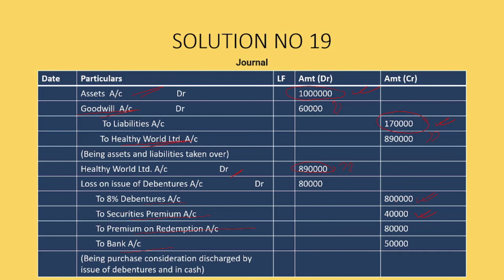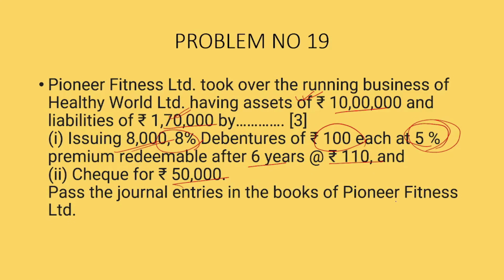Premium on redemption account will be 80,000, because here we have 8,000 debentures, and over here a 10 rupee difference, that is 110 minus 100.